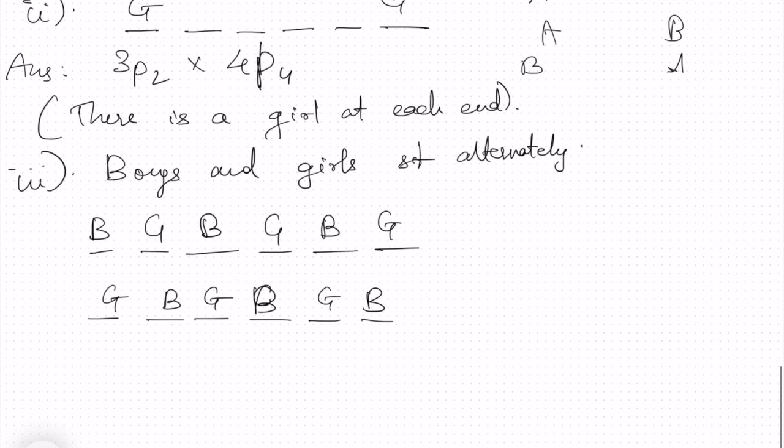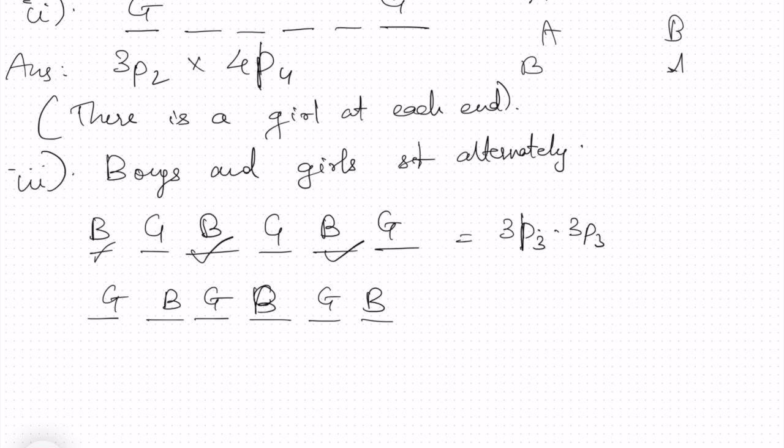This can be done in 3 factorial times 3 factorial, or 3p3 times 3p3. I'm not doing 6p6 here because there's a constraint on exactly where the girls and boys are sitting. Because the places are fixed, I just have to arrange them in those 3 places.